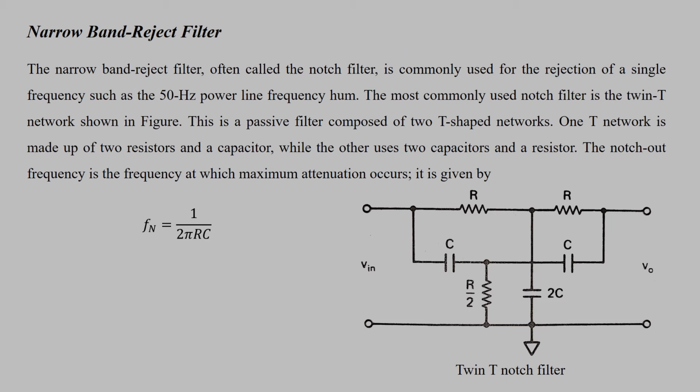The narrow band reject filter is often called a notch filter and is used for the rejection of a single frequency, for example the 50 Hz power line frequency hum. This is most important for biomedical instruments. The most commonly used notch filter is the twin T network.